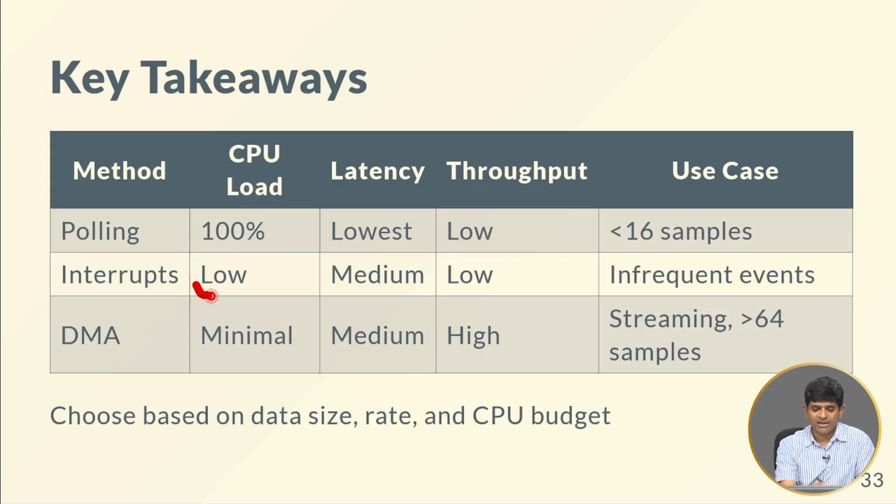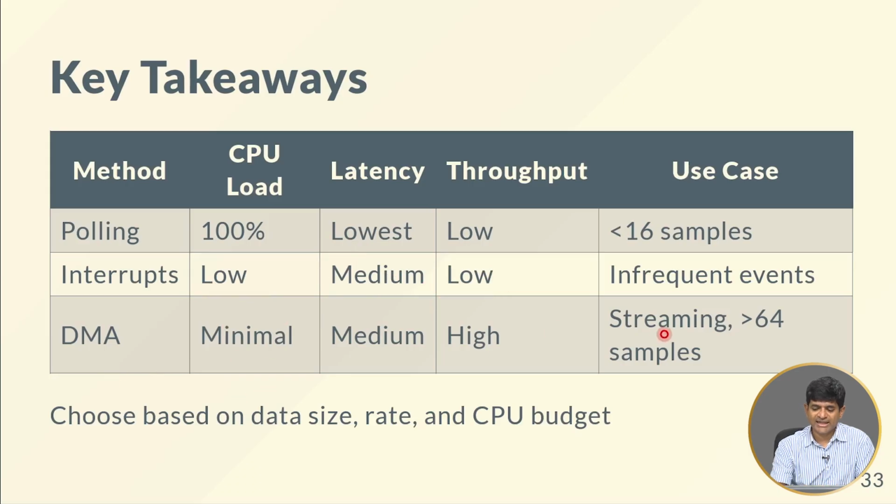Interrupts, the CPU load is less because while the FIR filter is working, the CPU can go to sleep, right? But the actual transfer itself is going to be more or less the same complexity as the polling approach. The latency over here would be more than in this case because I need to wait for an IRQ and then respond to it. It would also usually have a low throughput.